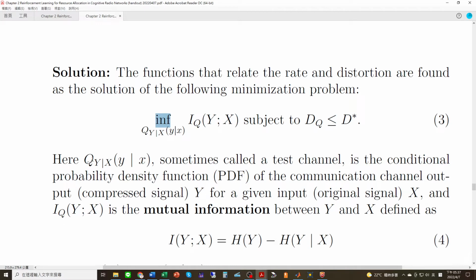Here Q_{Y|X}(y|x), sometimes called a test channel, is the conditional probability density function (PDF) of the communication channel output, that is the compressed signal Y for a given input, original signal X.